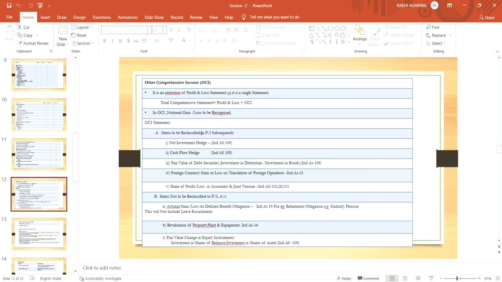Now comes foreign currency gain and loss on translation of foreign operations, which we will discuss in Ind AS 21, and share of profit and loss from associates and joint ventures we will discuss in detail in Ind AS 110, 28, and 111. And for these items, any tax implication there is, we will disclose in OCI.